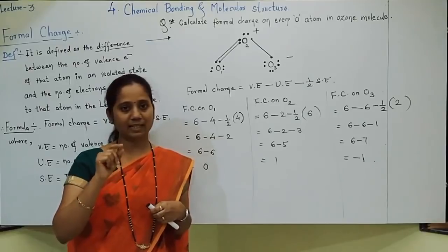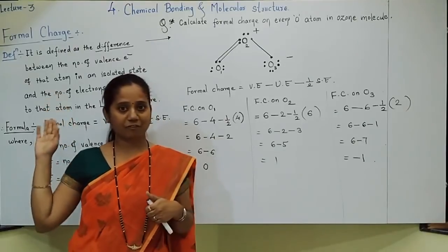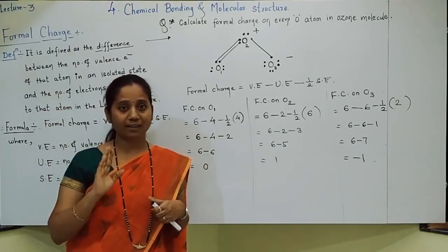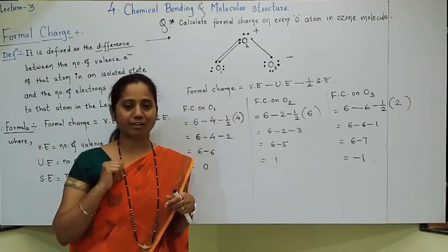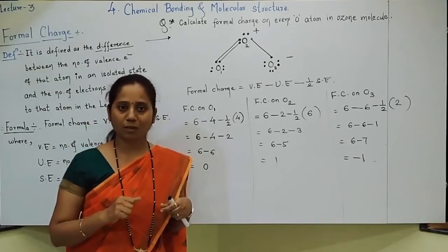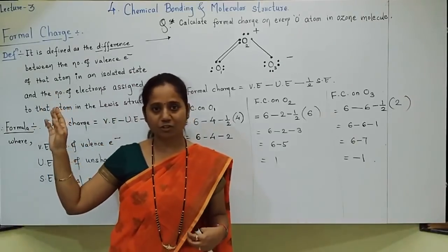But once again, let us move towards the definition now. Why? Because after solving an example, you will understand the definition very well. Let us see what was there in the formal charge definition.